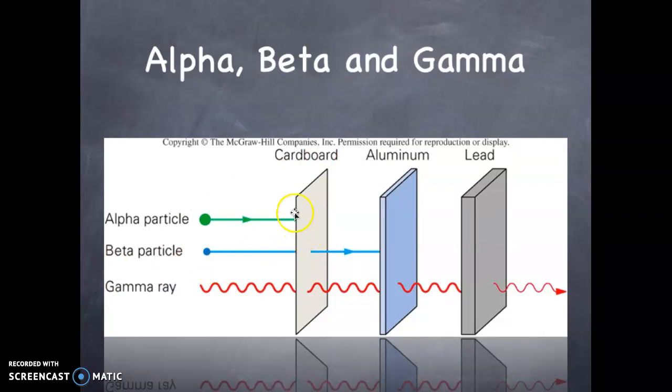And once again, the gamma ray is the most penetrating of the 3. Gamma rays will go through cardboard and then on through aluminum and even through lead. But you will see that aluminum will stop beta particles and cardboard simply will stop alpha particles.